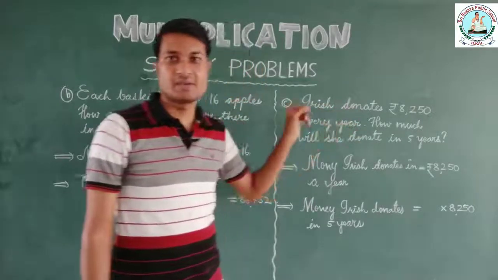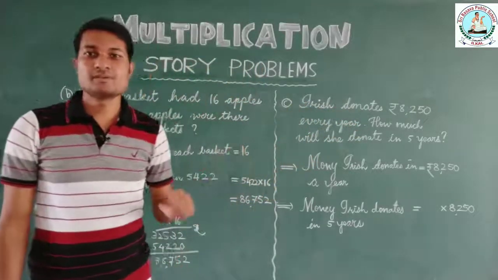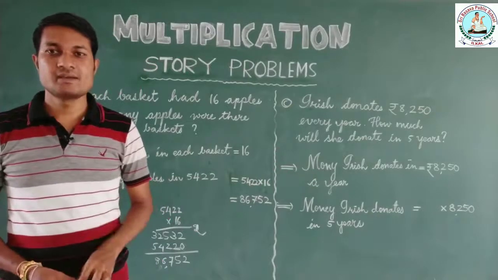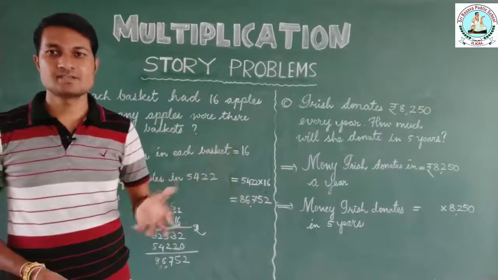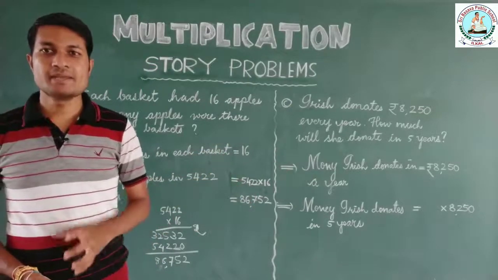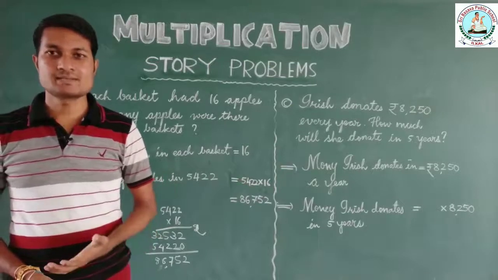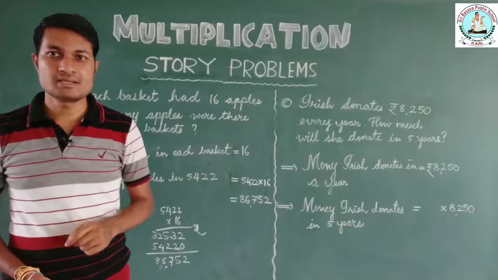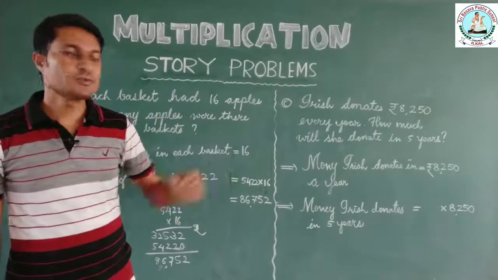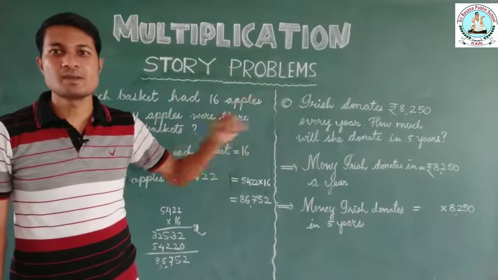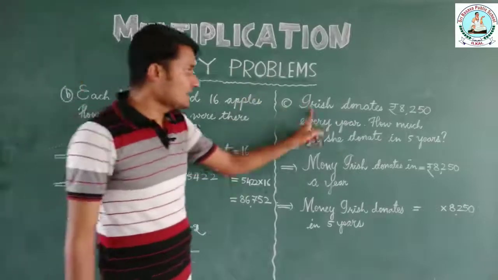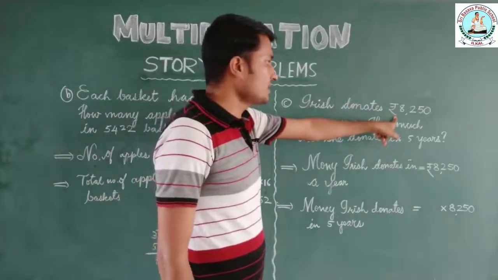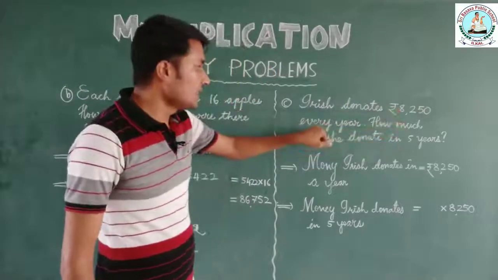Irish means the person who is living in Ireland. For example, if people are living in India, we call them Indians. The people who are living in America, we call them Americans. Similarly, a person who is living in Ireland, we call her Irish, right? Irish donates rupees 8,250 every year.